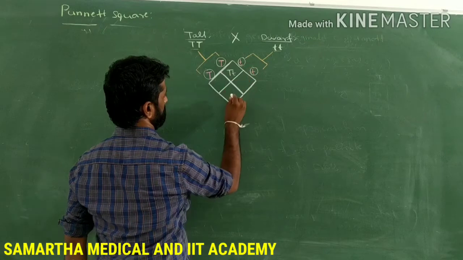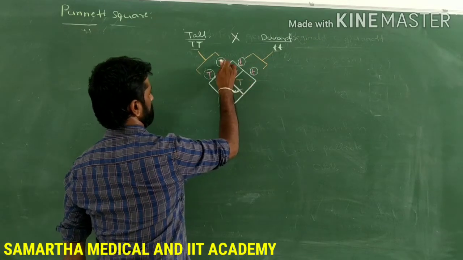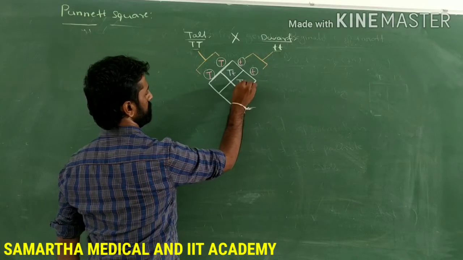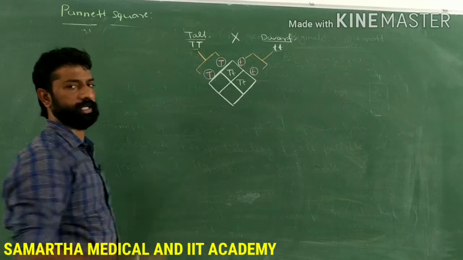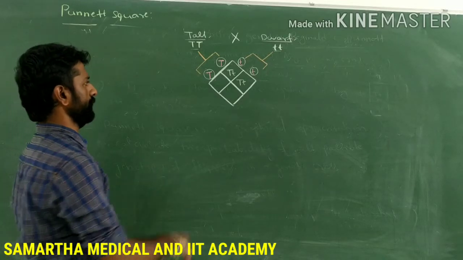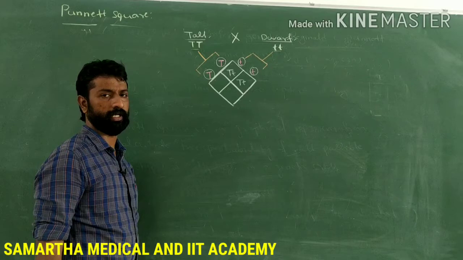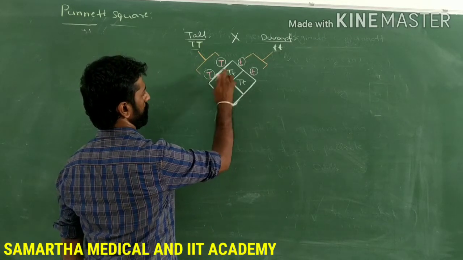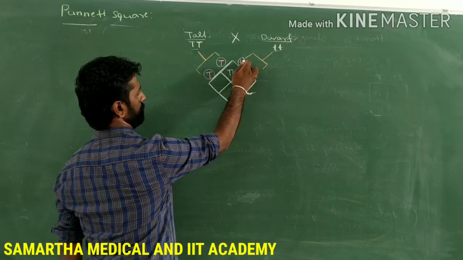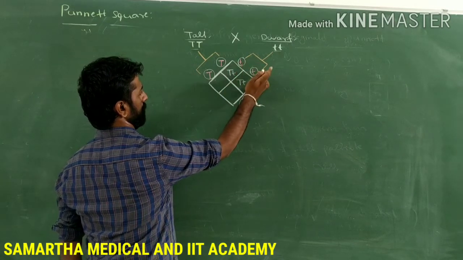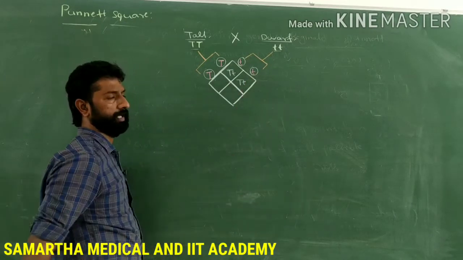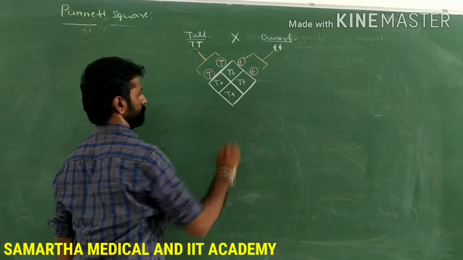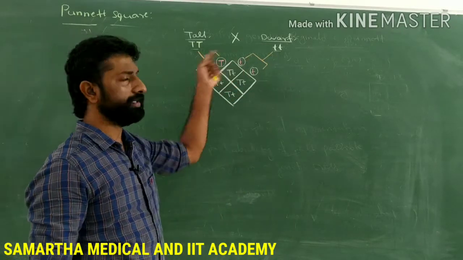Similarly, the other gamete containing the dominant allele also has a 50% chance to fertilize with either gamete produced by the male parent.